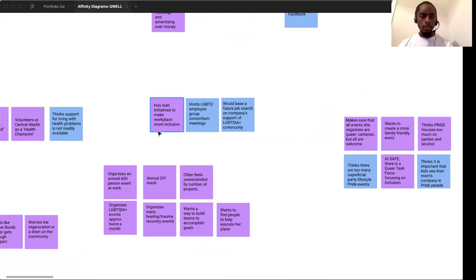Has led initiatives to make workplace more inclusive. Host LGBTQ employee group consortium meetings. Would base a future job search on company support of LGBTQI community.